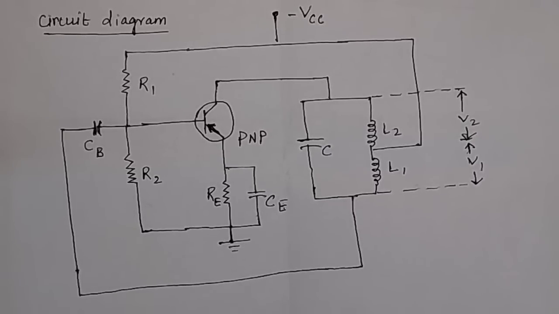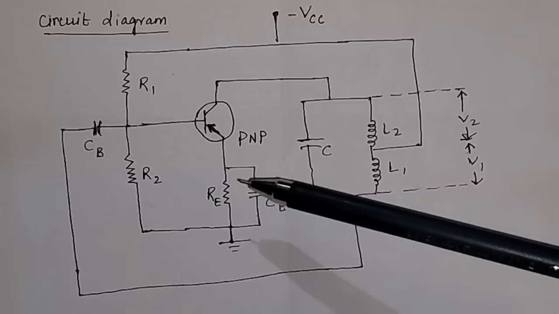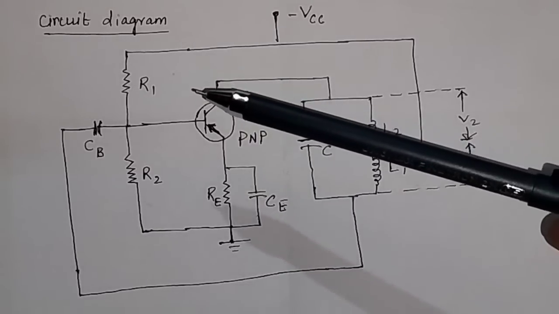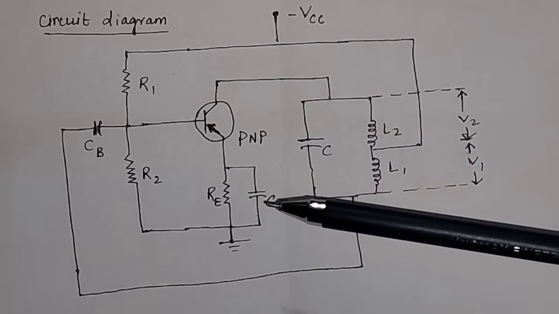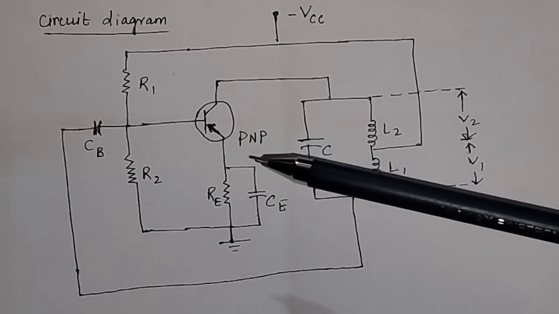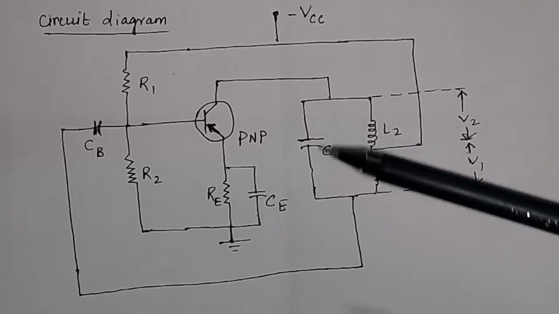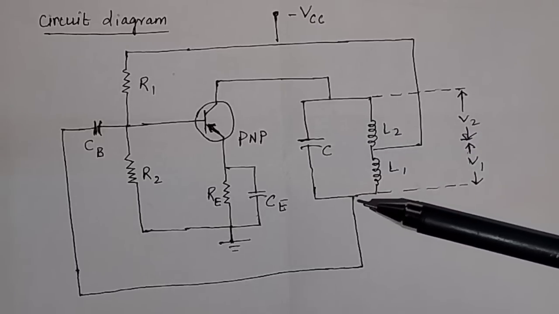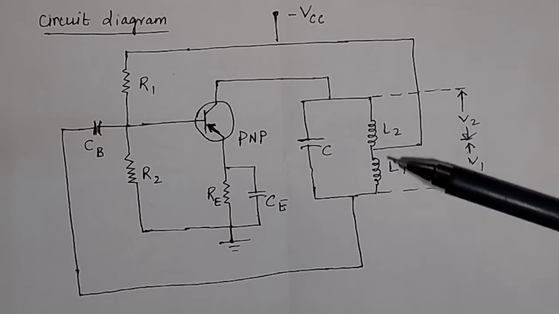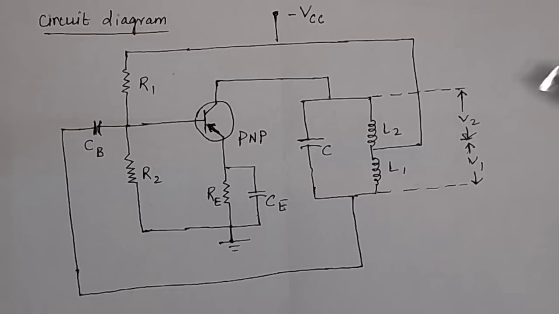So in the circuit diagram you write what are the uses of these resistors and capacitors, and how you are getting positive feedback from this LC circuit. I will discuss it.